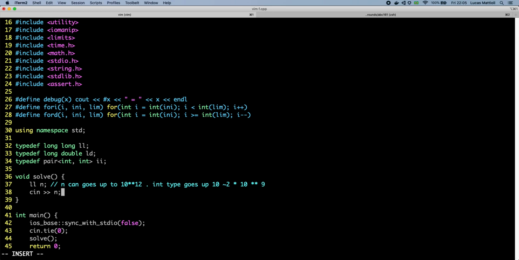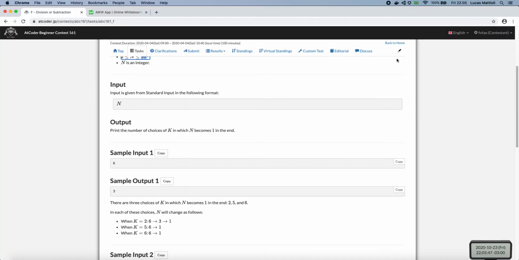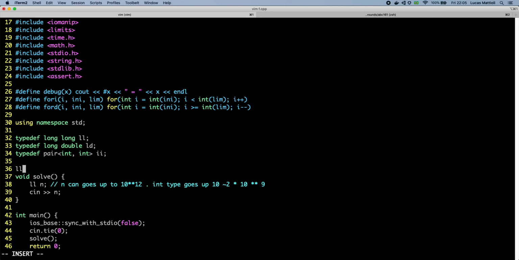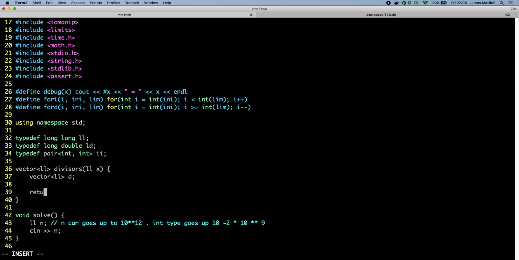So the first thing we need to do is create a function to calculate the divisors of some number, because this is used in both cases. That function will receive some number x, and it will return us a list of divisors. So if this list is called d, then we need to return it.